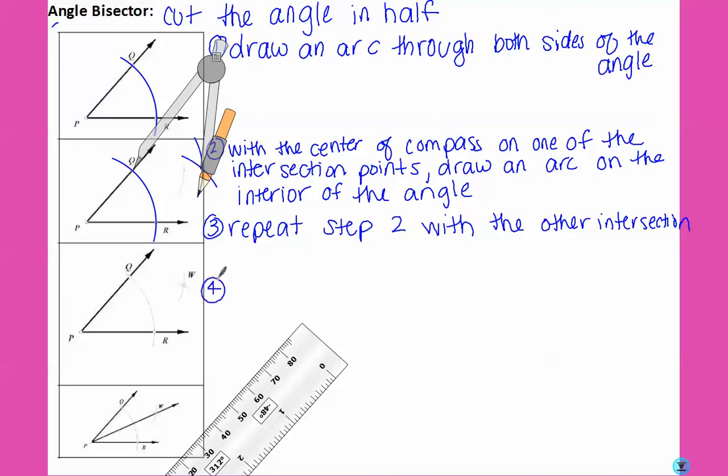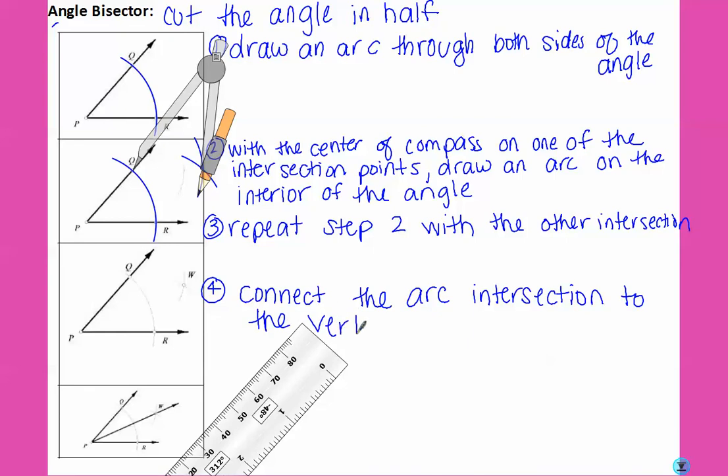And then our last step is to connect the arc intersection to the vertex using a straight edge.